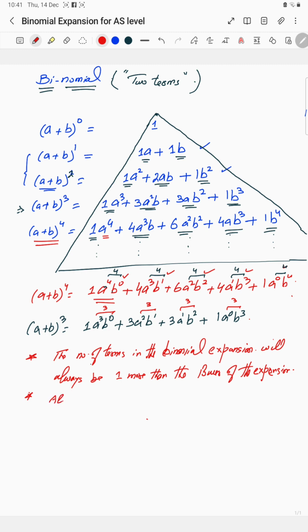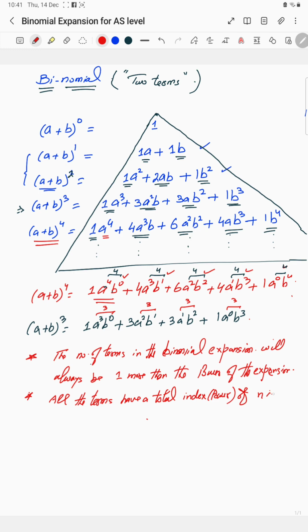And the second point is that all the terms have a total index, index means power, of n.